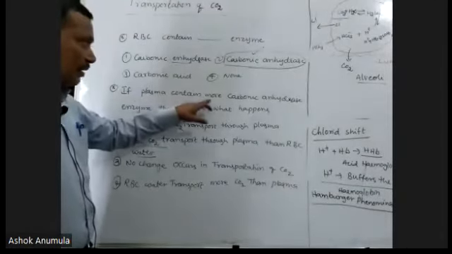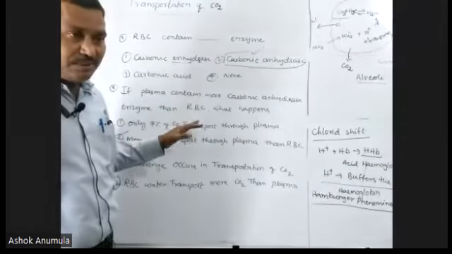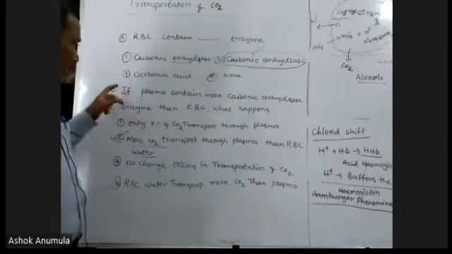But here I am confusing you: if more carbonic anhydrase enzyme is present in plasma than RBC, then where there is carbonic anhydrase enzyme, there the carbon dioxide combines with water in more amount. That's why more CO2 is transported through plasma than RBC. That's why our second option is the correct option.